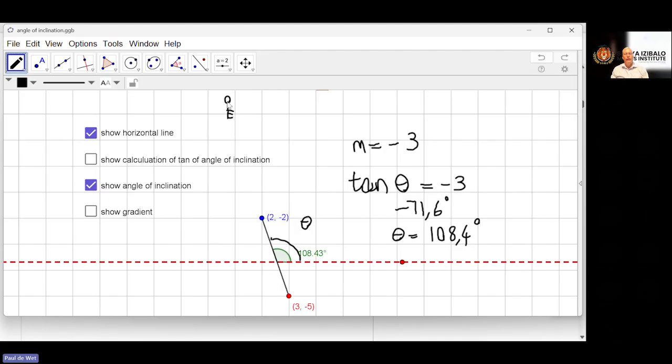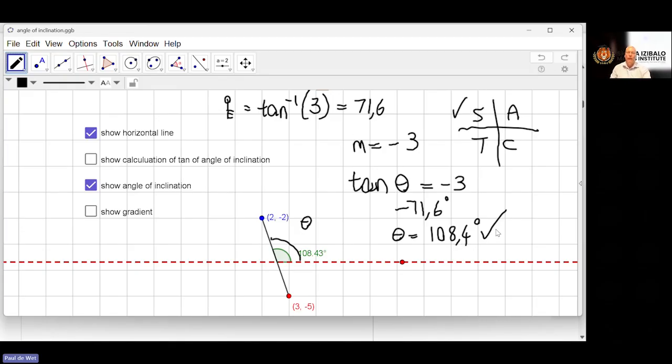We just say our key angle, we're going to undo tan of +3. And that gives us 71.6. This angle is not 71.6. This is an obtuse angle. Which quadrant is it in? Quadrant 1, quadrant 2, quadrant 3, or quadrant 4? It's in quadrant 2. And we get into quadrant 2 by going 180 minus our key angle, and that's how we get to that answer.